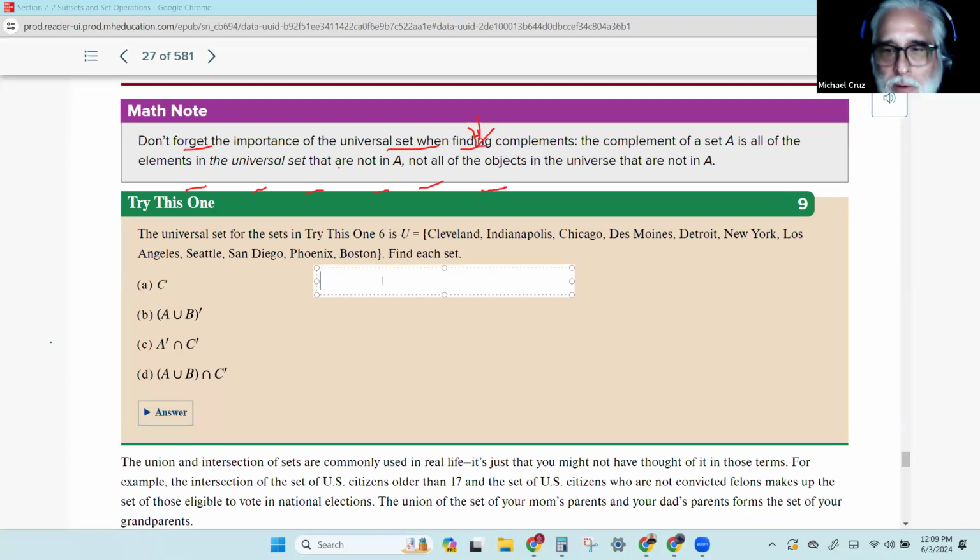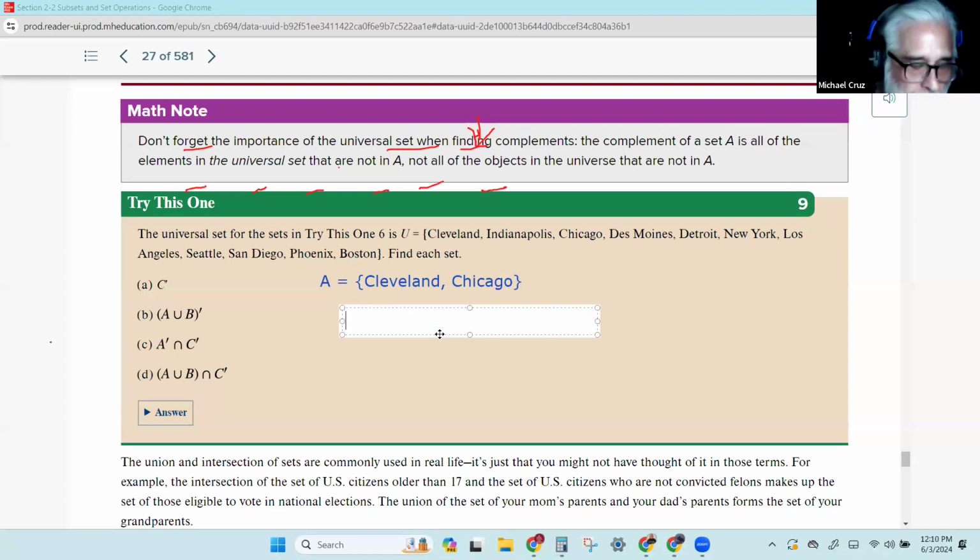Let's just kind of make up our own. Let's say A is Cleveland and Chicago. Then A prime, we call it, or A complement, is going to be all of the other ones that's in U.